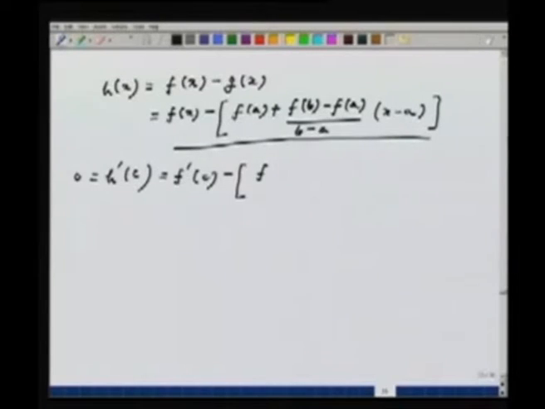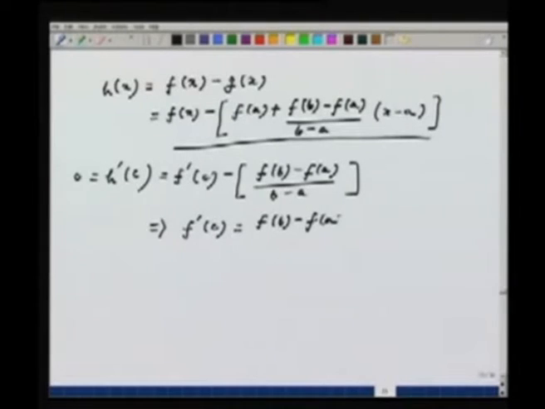Then what I get is (f(b) minus f(a)) by (b minus a). This is equal to 0. This in turn implies that f prime c equals (f(b) minus f(a)) by (b minus a).